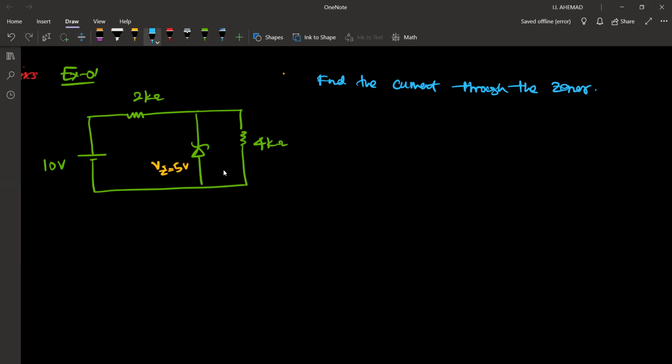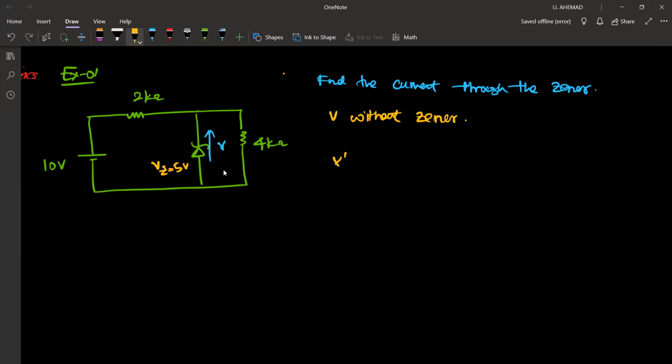The first thing you have to do is check whether the voltage across these 2 points is sufficient to break down this Zener. So let's find V without Zener.